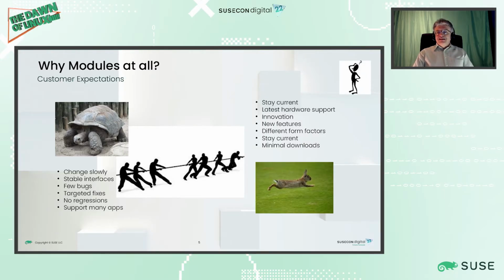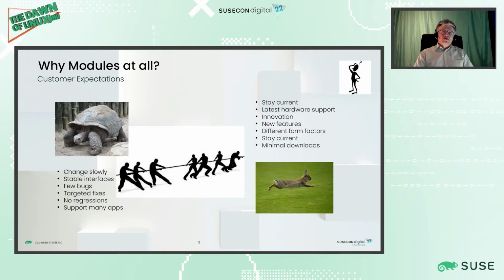On the other side, you have customers and users that want to stay current, that want the latest and greatest while still stable. They want new features, when they are available upstream, as soon as possible in the enterprise products.